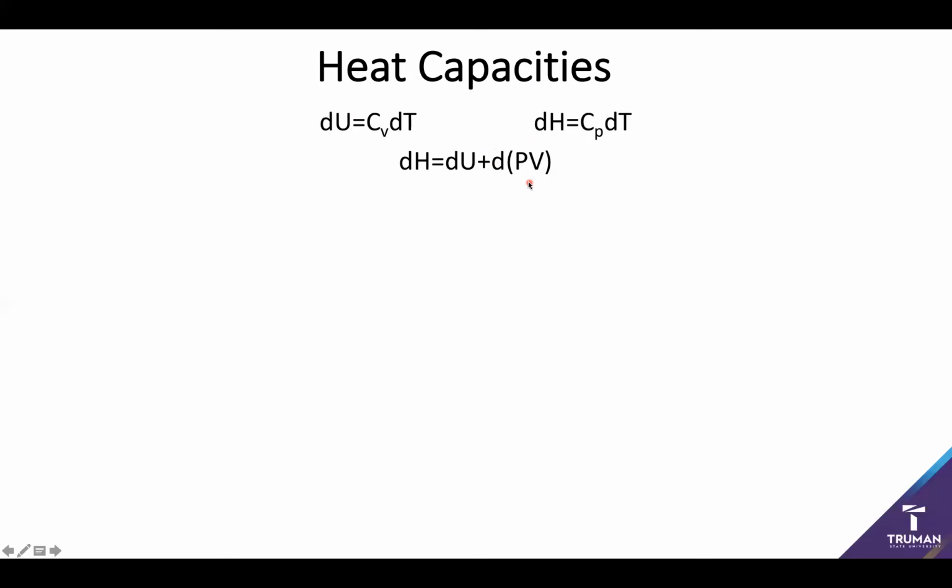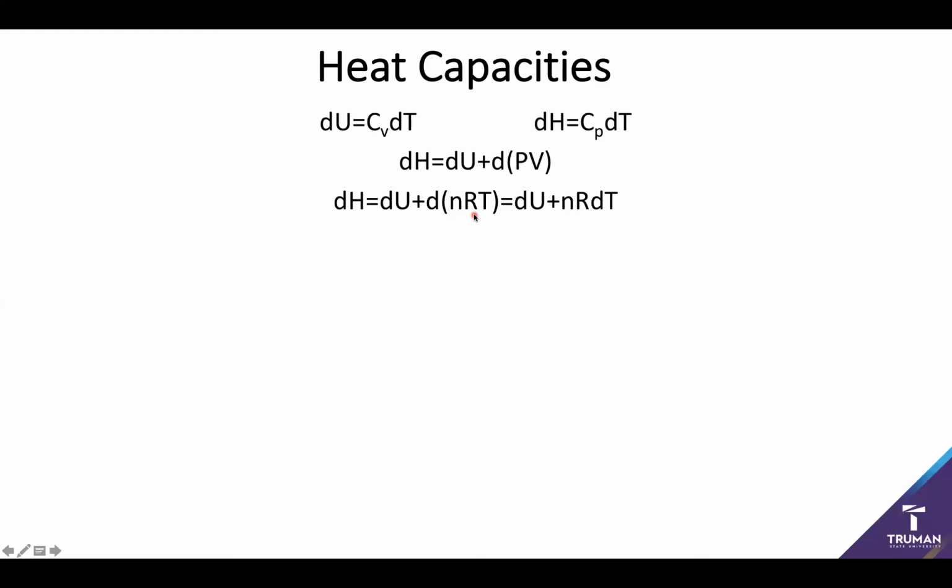So instead, we're going to do our usual and focus in on an ideal gas to see what sort of insights we can get from our system. For an ideal gas, I can replace my PV term with nRT.